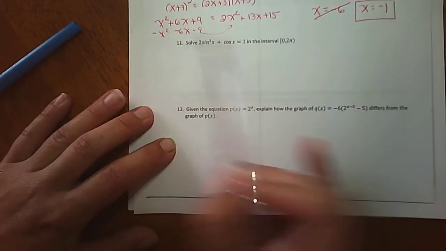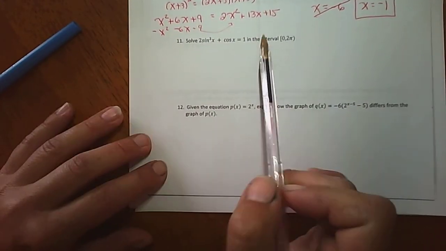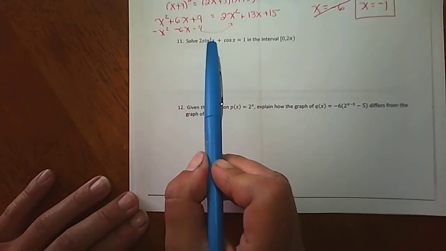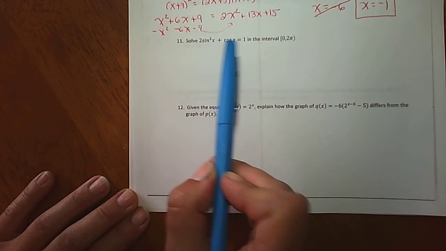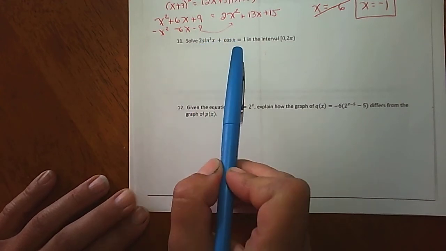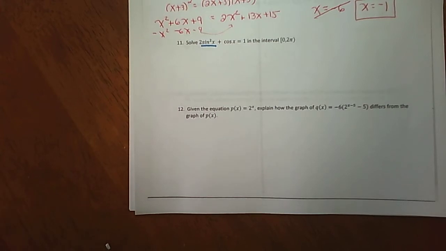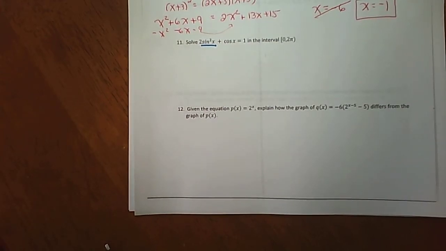Okay, next one. Number 11. Now it's another trig equation, which I know you guys aren't huge fans of. Big thing with trig equations, you can never have a double angle formula here, or these have to match, so that's a problem. So this guy right here is the one I'm going to change. Now, anytime it's a square and you have to change it, you're going to use the Pythagorean identity.